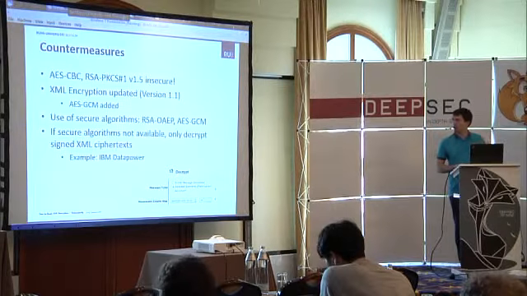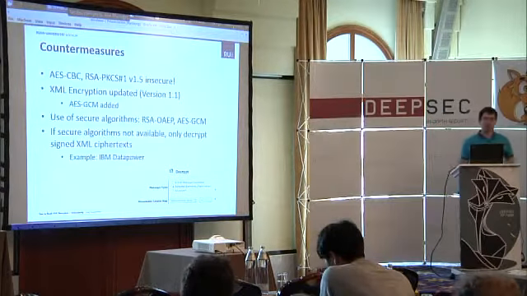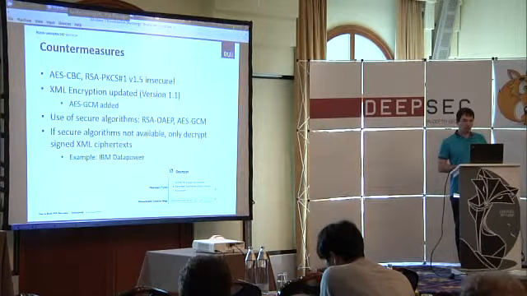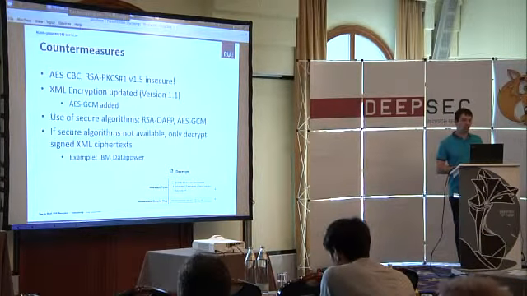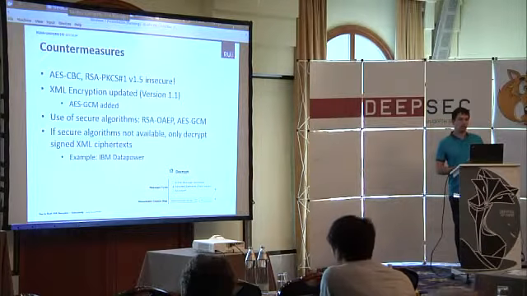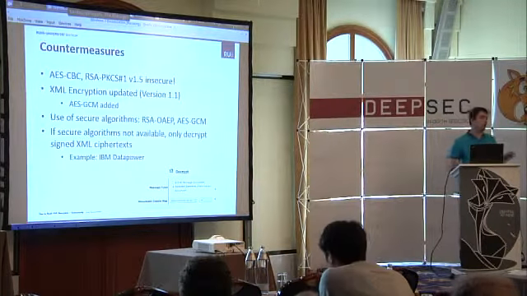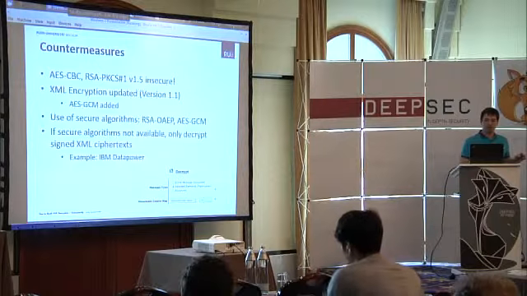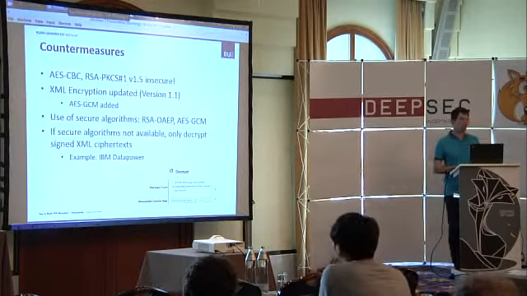So in conclusion, if you want to use some countermeasures, please do not use AES-CBC or PKCS 1.5. They are insecure. XML Encryption got updated to AES-GCM. Not all of the servers support it, but if you can, then use RSA-OAEP or AES-GCM.